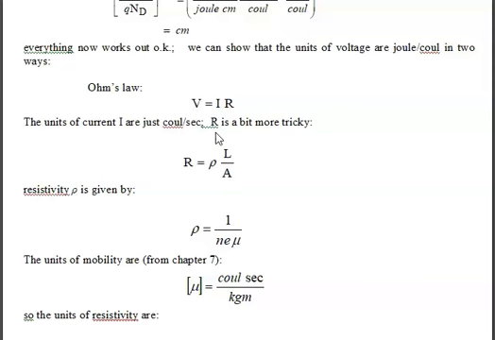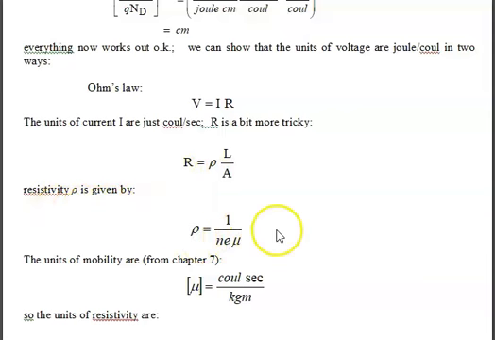R is a bit more tricky. The resistance R is equal to the resistivity multiplied by the length divided by the area. As the length goes up, you go through more and more distance, the resistance goes up. As the cross-sectional area goes up, the resistance goes down.